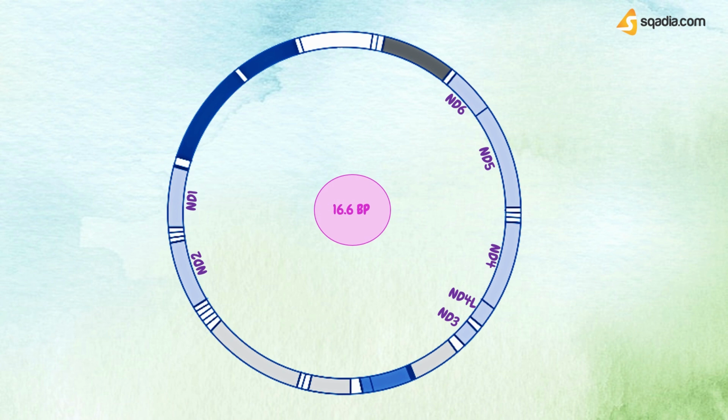1 mitochondrial cytochrome B is in complex 3, 3 cytochrome oxidase 1, cytochrome oxidase 2, and cytochrome oxidase 3 are in complex 4, and 2, ATPase 6 or A6 and ATPase 8 or A8, are in complex 5.